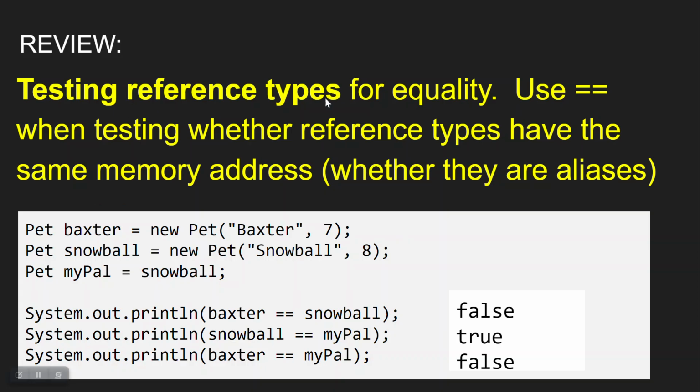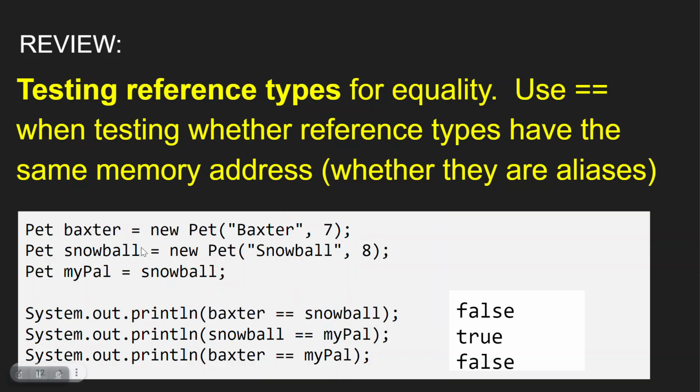So testing reference types for equality, we use equals equals when testing whether or not reference types have the same memory address or whether or not they are aliases. So right now, Baxter is not an alias of snowball. These guys reside at different memory addresses. So when we print, does Baxter equal snowball, we get false.